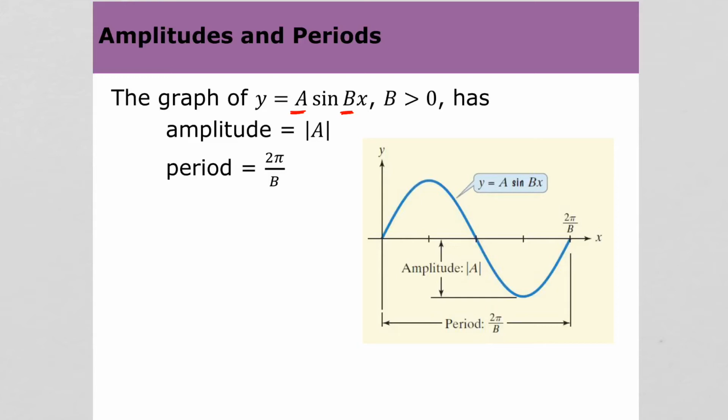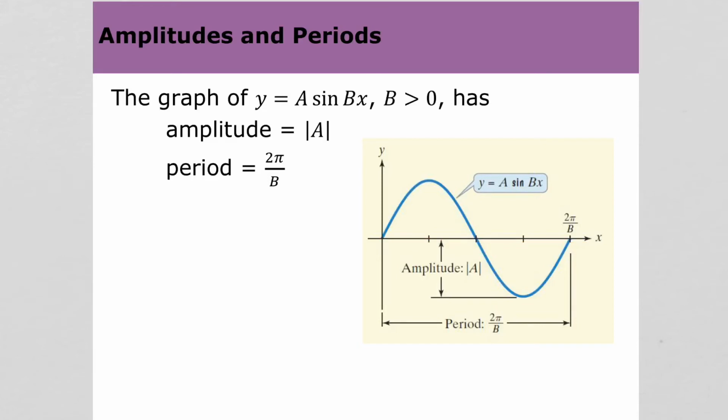What we do is the number in front is our amplitude, or the absolute value of the number in front is our amplitude. So the number in front, if you take the absolute value of it, that gives you your amplitude, how far up it goes and how far down it goes from its zeros or from its center point.